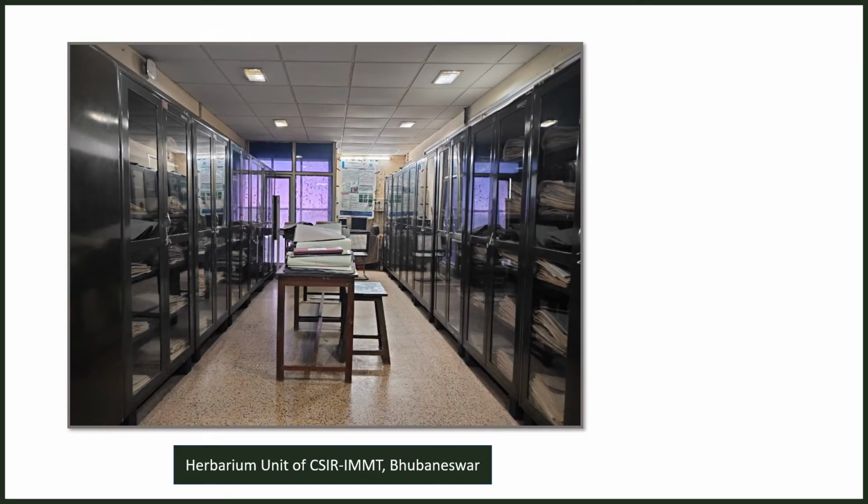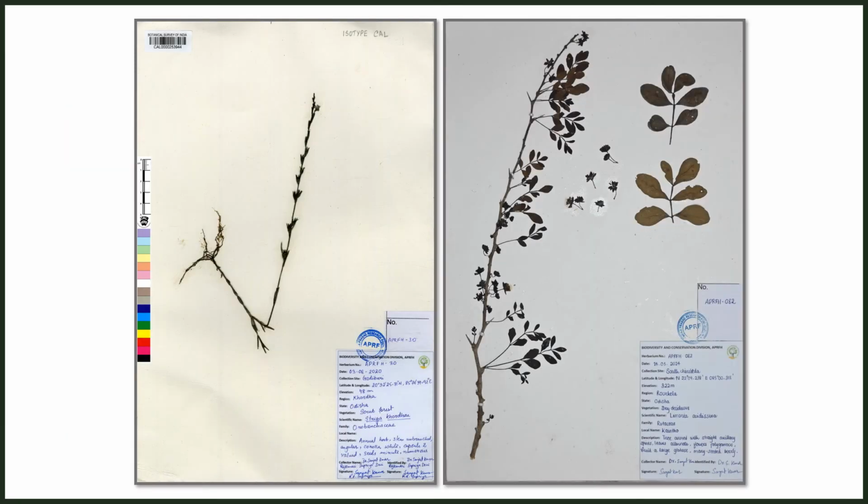So this is a small picture that I am showing you here. This is the herbarium unit of CSIR IMMT that we visited in Bhubaneswar. They have kept it like this. Again, I'm showing you two different herbaria here, the right side and the left side.